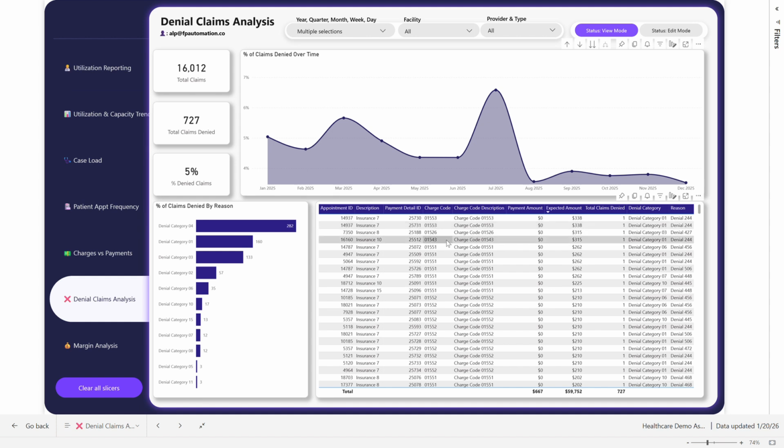In addition to this, you're also able to see the denial category and the denial reason. Some typical things that we've seen before in various different healthcare providers, such as substance abuse clinics, are, for example, not enough detailed medical notes on medical eligibility or potentially billing codes and errors leading to denial claims.